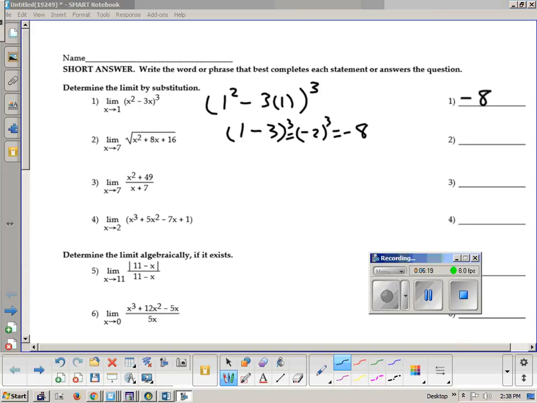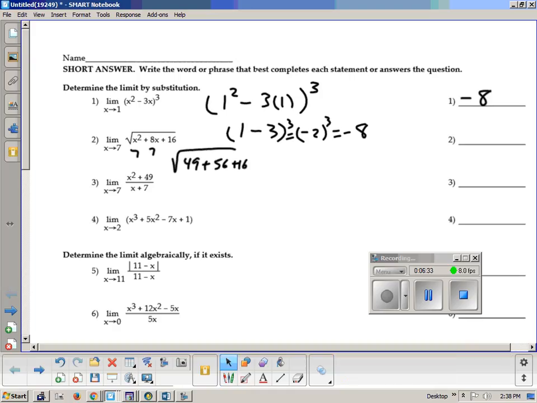Next question, just going to plug in a 7, the square root of 7, putting 7s in each here: 49 plus 56 plus 16. I'm going to need a calculator for that. Apparently that comes out to 121. The square root of 121 equals 11.